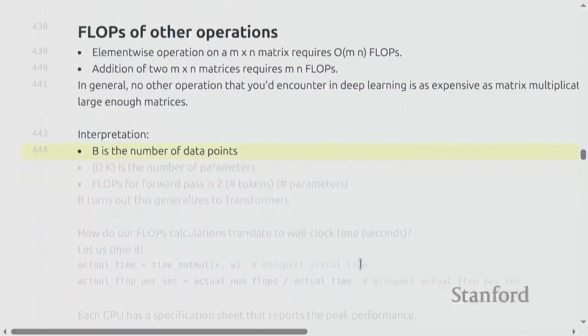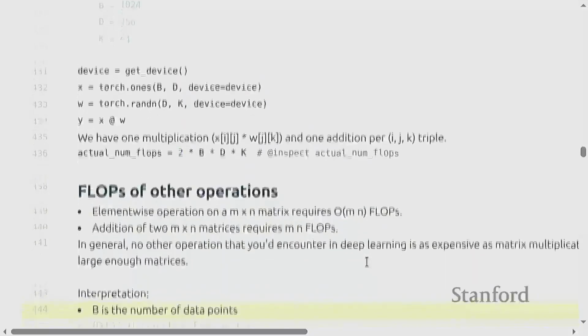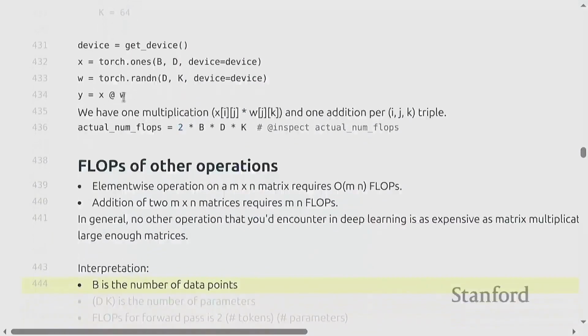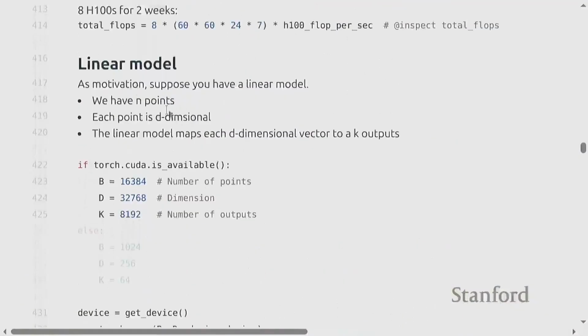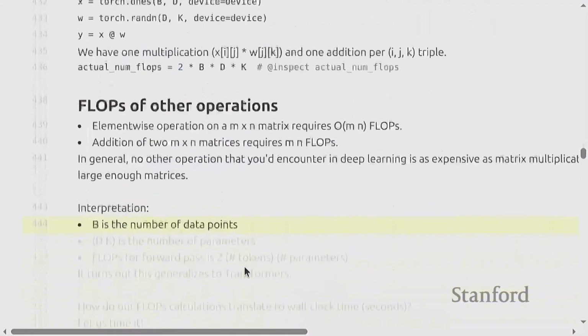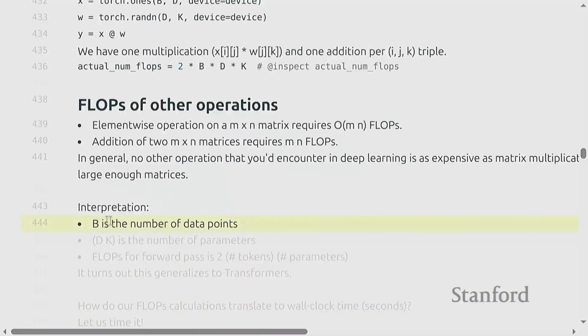So one way I find helpful to interpret this: at the end of the day, this is just a matrix multiplication. But I'm going to try to give a little bit of meaning to this, which is why I've set this up as a little toy machine learning problem. So B stands for the number of data points, and D K is the number of parameters.